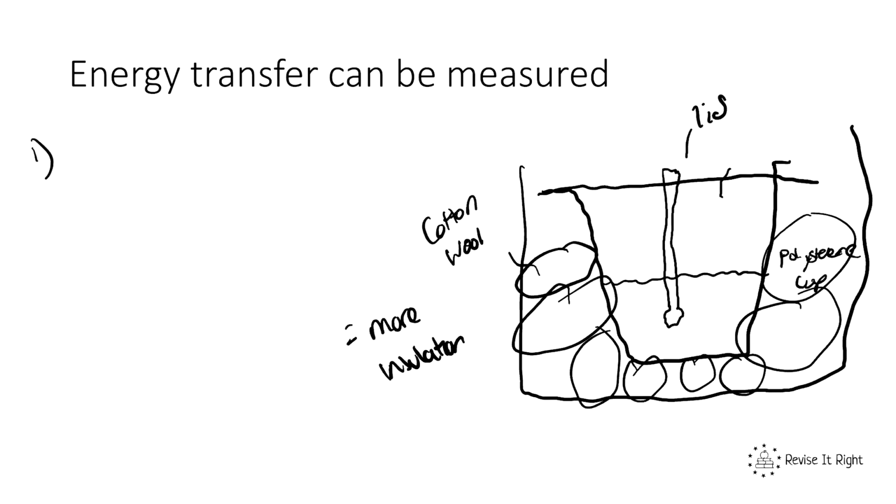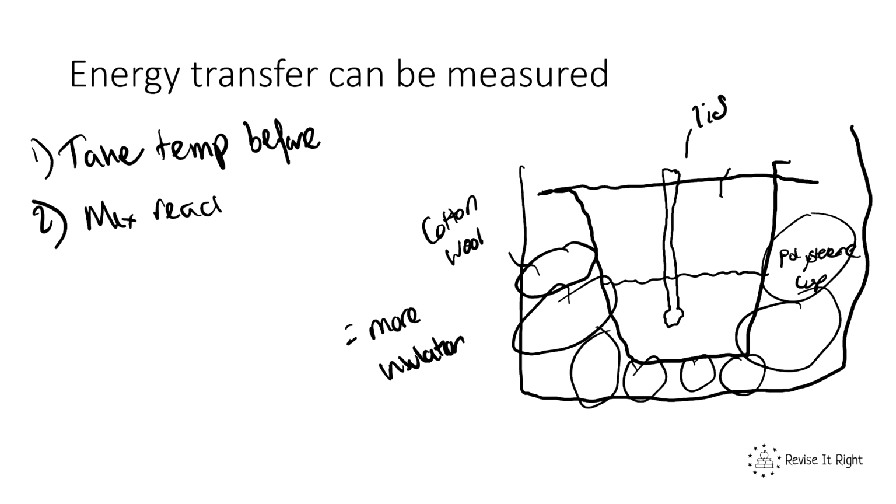So the easiest way really is to take the temperature before, you mix the reactants, whatever it is you're trying to work out, if they're exothermic or endothermic, and then you take the temperature after. And as I said earlier, if the temperature went up, that tells you it is an exothermic reaction. And if the temperature went down, then it tells you it is an endothermic reaction.